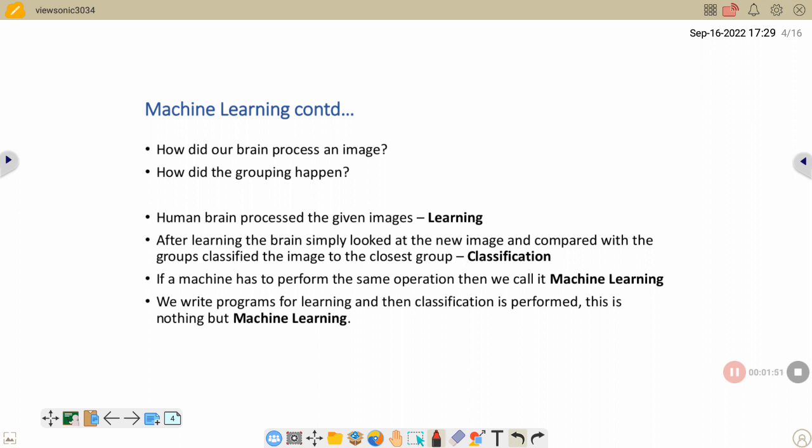So for that, again after learning, the brain simply looks at the new image and then compares it with the existing groups, and assigns it to the nearest group. So this particular process is called classification. So if a machine has to perform the same kind of operation, then it is called machine learning. We write the programs for learning and then classification is performed. This is nothing but called machine learning.